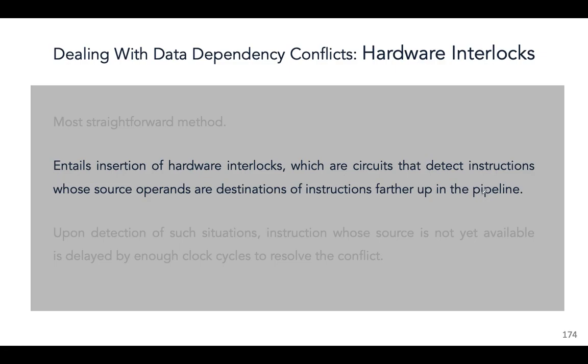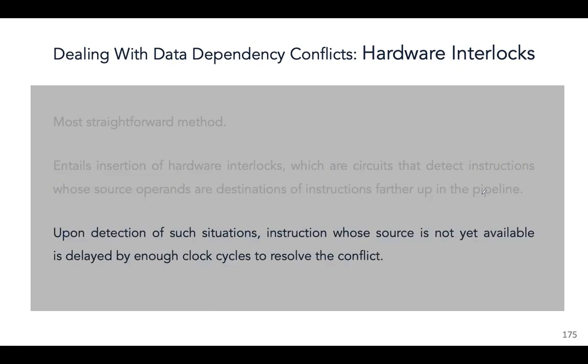So whenever there are any instructions whose operation depends on attainment of operands from a previous instruction, that is what a hardware interlock detects. Now when it detects such situations, instructions whose source is not yet available is delayed by enough clock cycles to resolve the conflict.